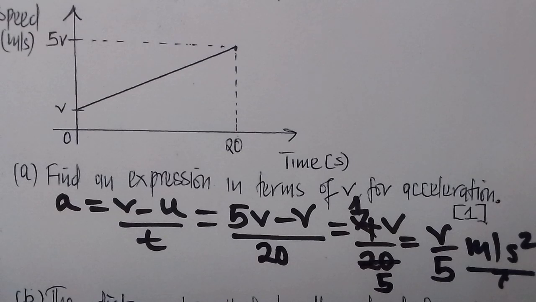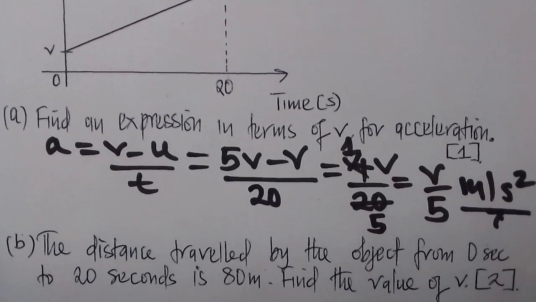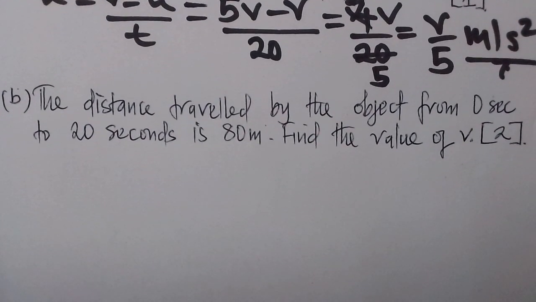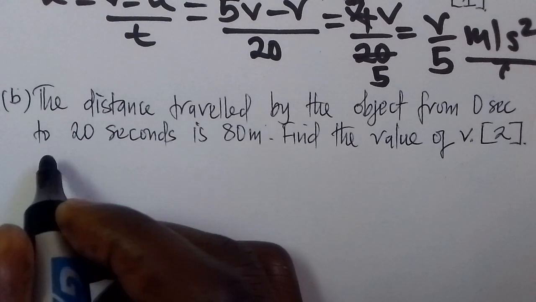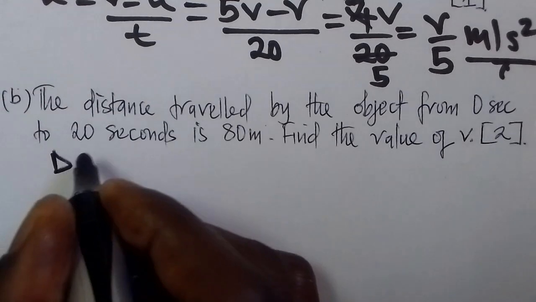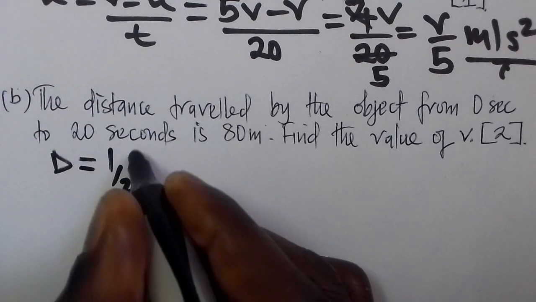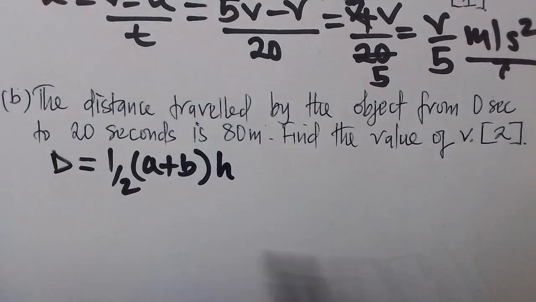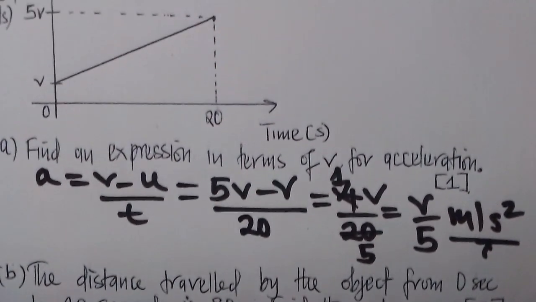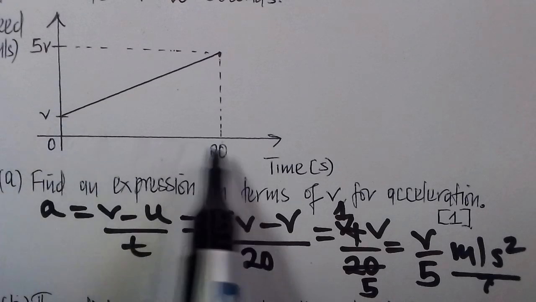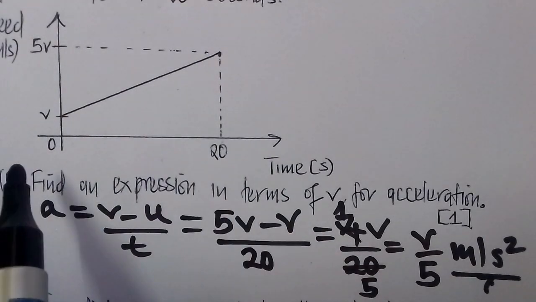So working out this using the area formula will give us the following. We'll start by writing down the formula. I will indicate this as D, since distance traveled is equal to area. So D is equal to 1 over 2 open bracket A plus B close bracket H. So then, how do we substitute here? A and B are these parallel lines that we have here.